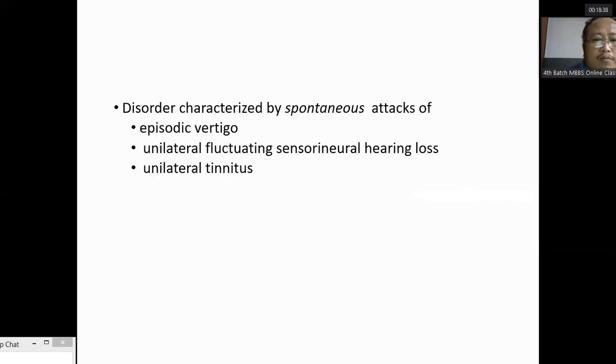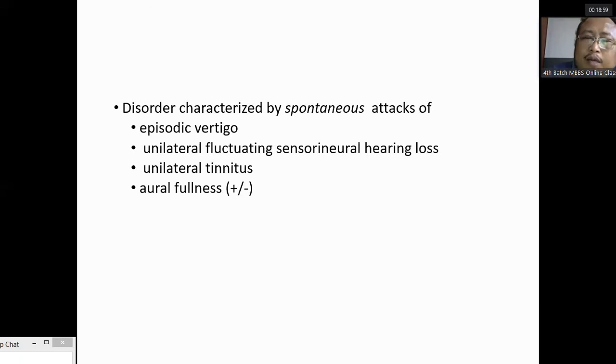So, how does Meniere's disease present? Actually, it is a syndrome, which means there are multiple clinical features. There is an episodic vertigo, which is spontaneous in nature.